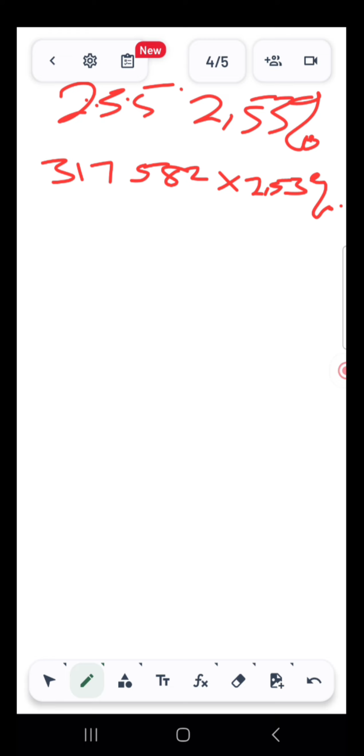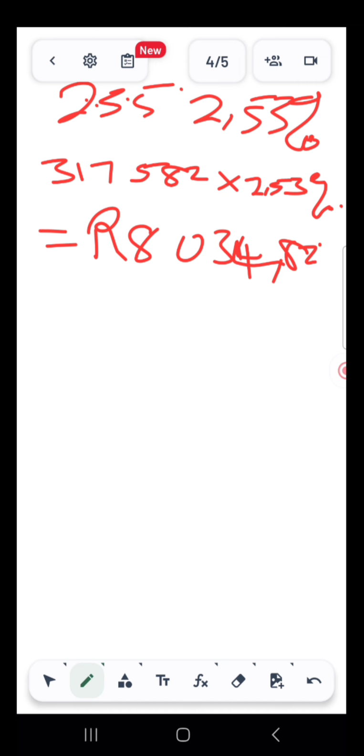It's only 2.53% of it because they told us it is 2.53% of the total income. So on the calculator, it gives us 8,034,825. Let's say we round off, it will be 8,035. Round off to the nearest unit.